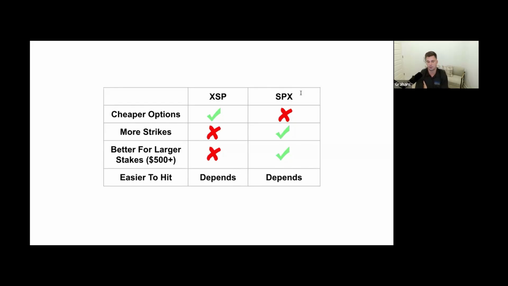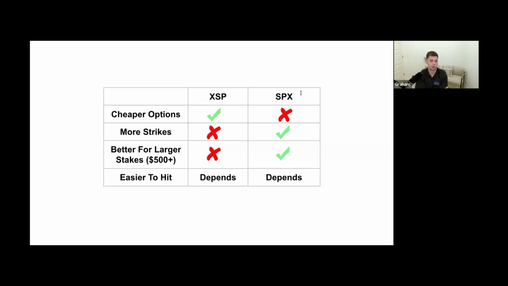Long story, and I will try and keep it very short and sweet here, but XSP is $1 strikes. SPX is 10 times the size, so you'd think they would have $10 strikes. Well, they don't. They have $5 strikes, so it just allows us to get a little bit more nimble in our option selection. SPX is better if you want to invest larger stakes. If you want to invest really more than $250, SPX may be the way to go.